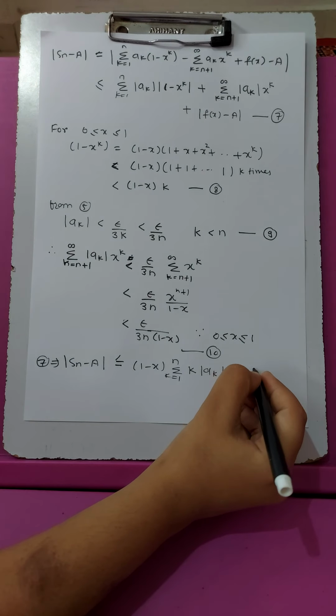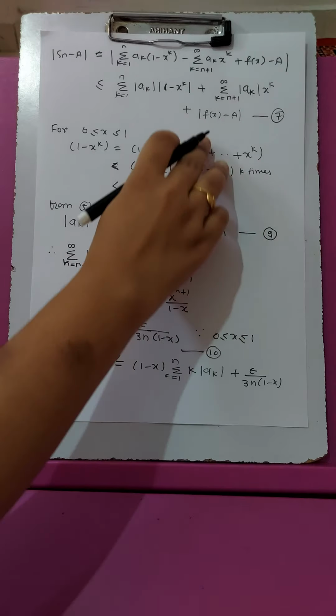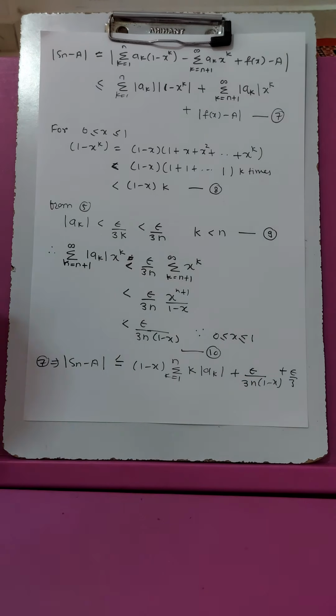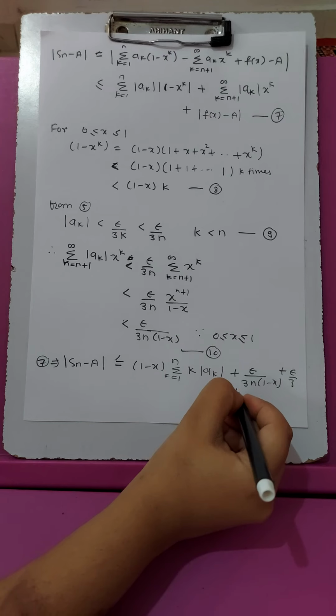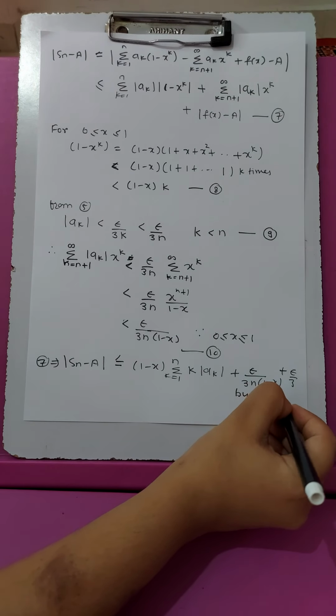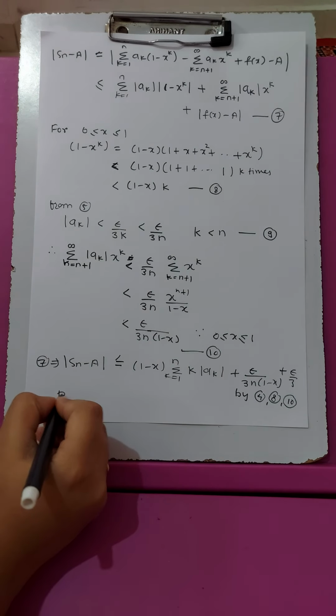So here we will write epsilon upon 3n (1 minus x), and this f of x minus a is less than epsilon by 3 by 6. So this is by 4, 8 and 10.